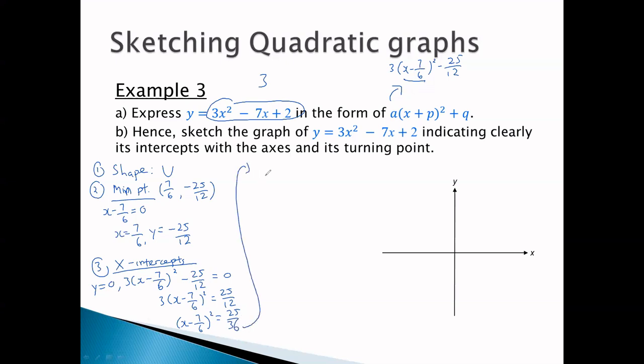Let's move up here. Let's solve it. x minus 7/6 equals plus minus square root of 25/36. Of course, it's 5/6, but let's just leave it there. x equals square root of 25/36 plus 7/6, or x equals negative square root of 25/36 plus 7/6.